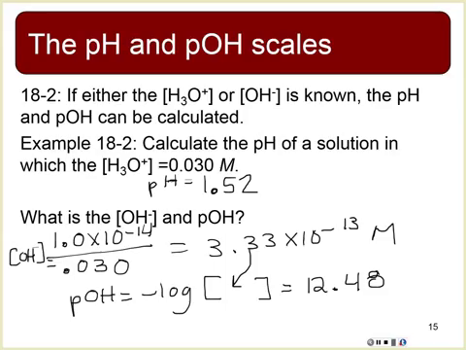Does everybody see that? So pOH plus pH has to be 14 because that's the range of your scale. So if you know the pH is 1.52, then 14 minus 1.52 gives you this. So you could have done that as well.